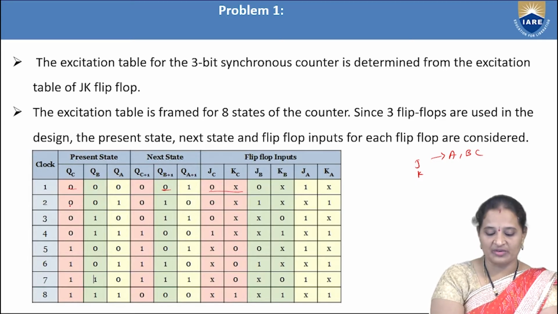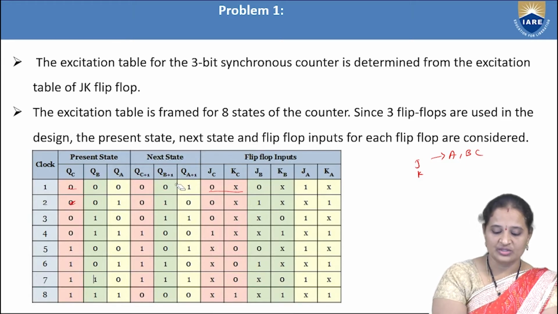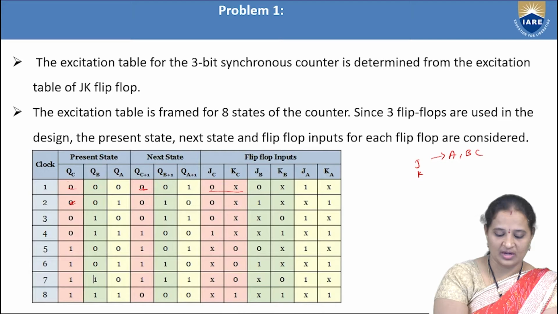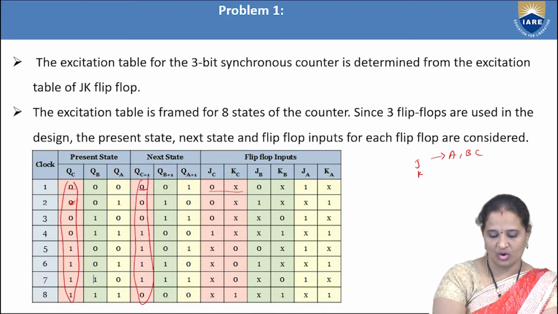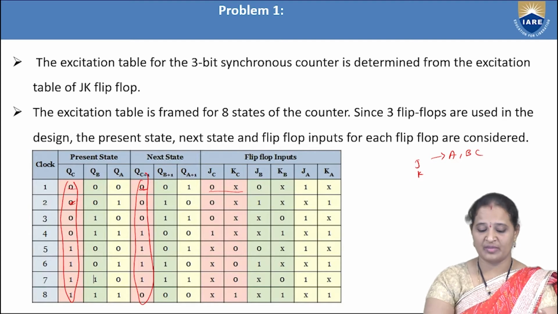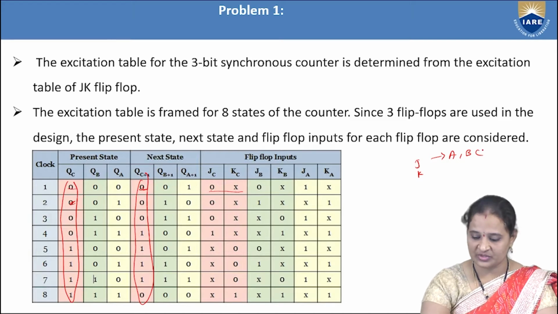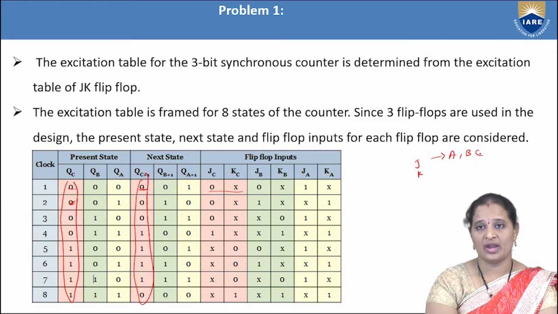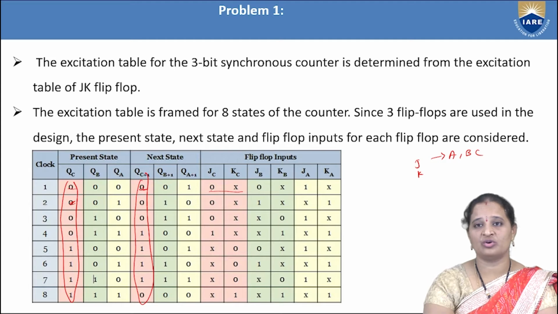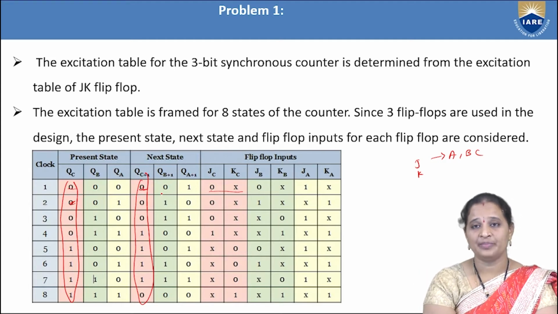I will tell you for one column so that you can understand the remaining ones. QC and QC plus 1 are the present state and next state of flip-flop C. So now I am going to identify the inputs to be applied to flip-flop C by considering the present state and next state.